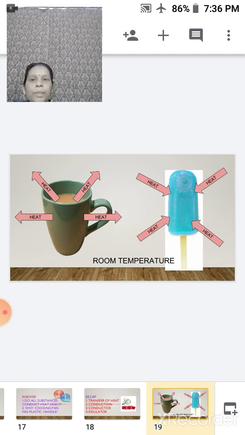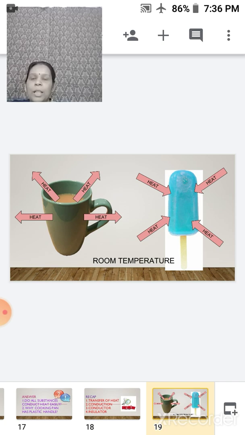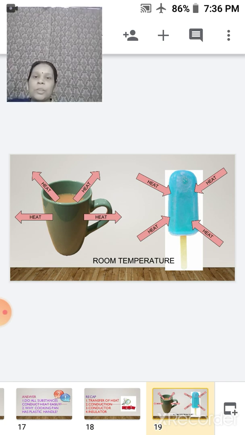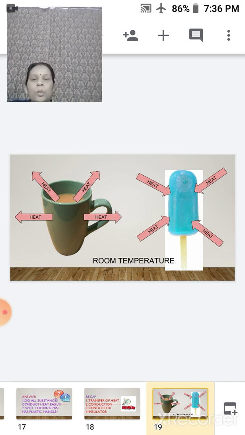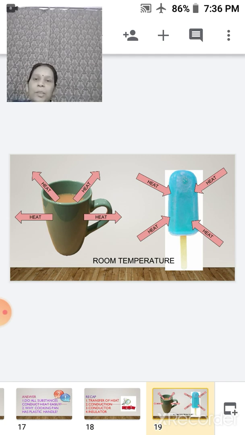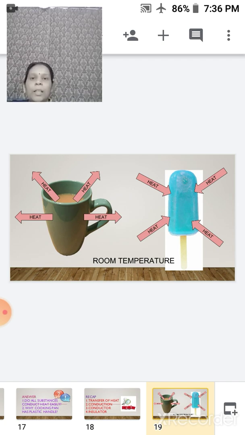Here the arrows are shown going inside. So children, this is for the room temperature. I am leaving you with this figure, and I hope you will try to solve this. Why are the arrows in different directions in both of the objects?